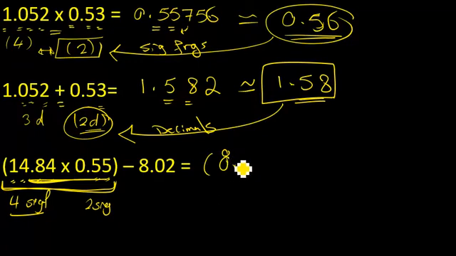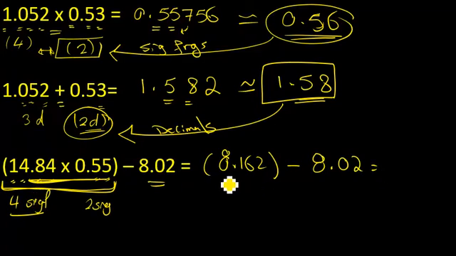So let's do the multiplication, and we will see the multiplication of this will give me, sorry, 8.162, minus, I will use the same number as this. All right, I didn't do the subtraction yet. So now the answer of this is 8.162, but we just said we will use 2 significant figures, right? So I will use these 2 numbers only, the 8.1. That's 2 significant figures.